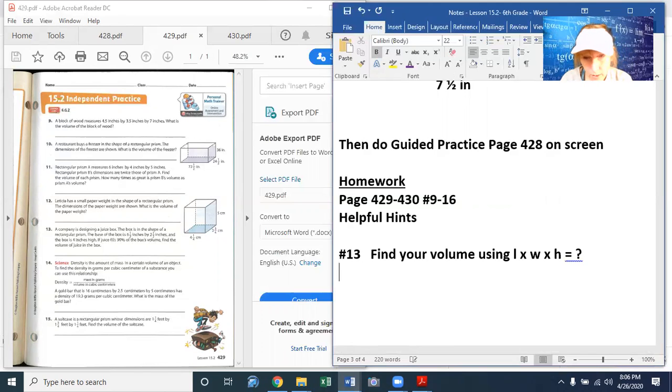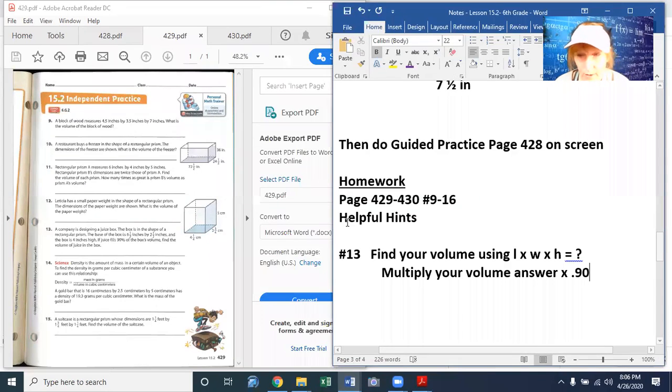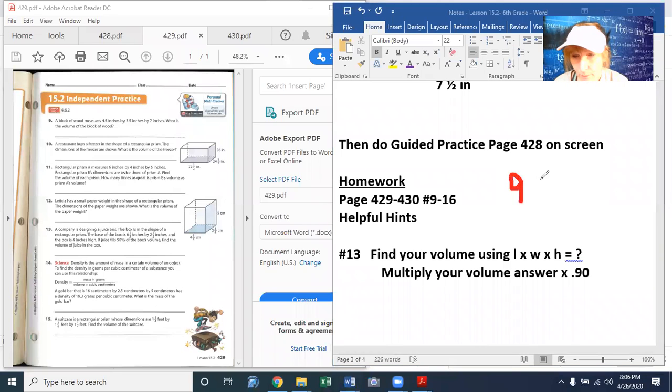Then you're going to take your answer and multiply your volume answer times 0.90. 90%, you haven't learned that, you'll learn that more next year, but 90% means to move your decimal 2 places to the left, so 0.90. So that's what you're multiplying your answer by, 0.90, once you get your volume, okay? That's your hint.